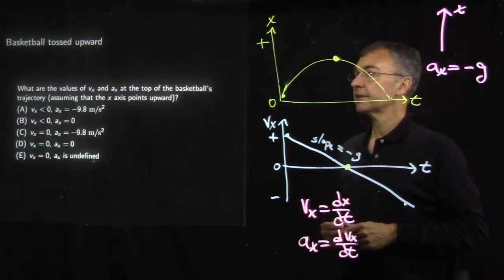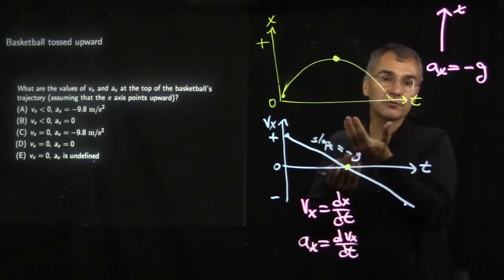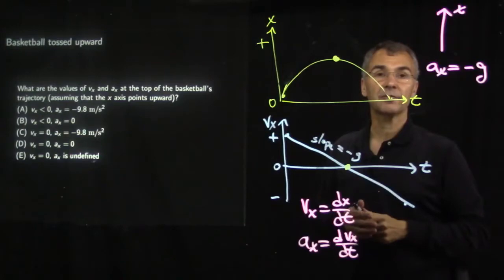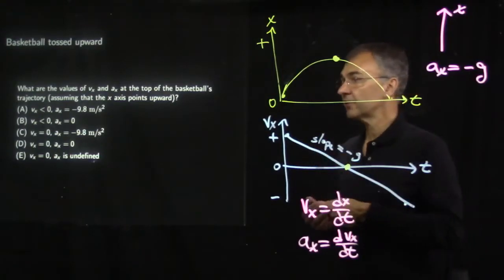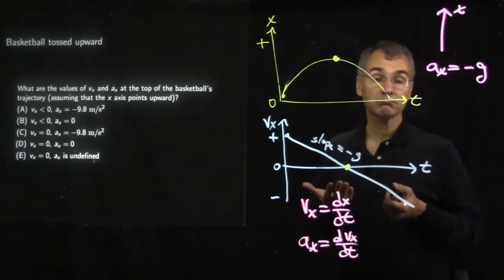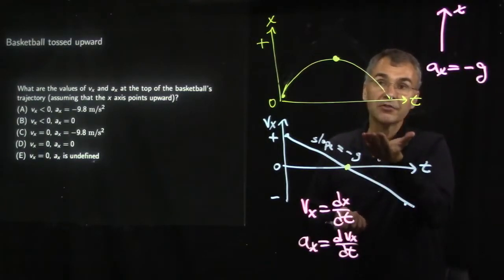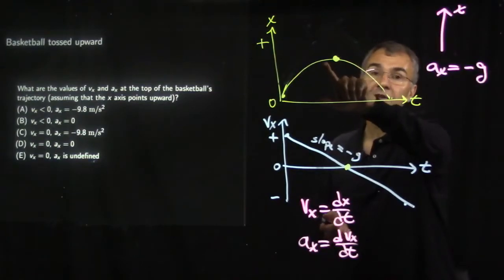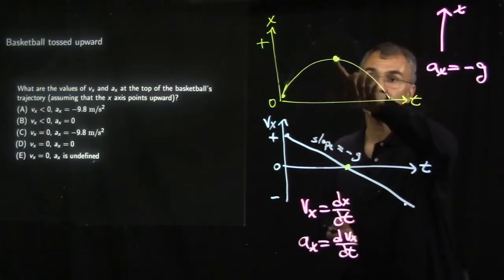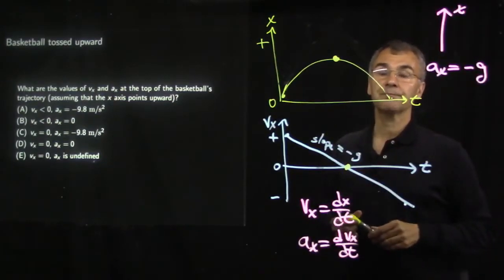So I think that at the top of the basketball's trajectory, the only influence is Earth's gravity, so it should still be true that a sub x is minus g. So I expect a sub x to be minus 9.8 meters per second squared, but on the other hand, at the top of the trajectory, just an instant earlier it was moving upward, an instant later it will be moving downward. At that instant, it's moving neither upward nor downward. So at that instant, its velocity is 0.